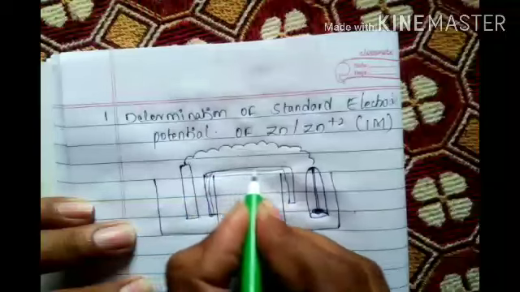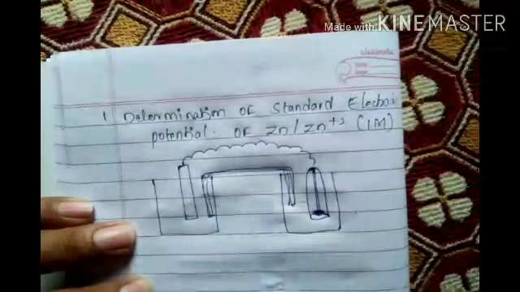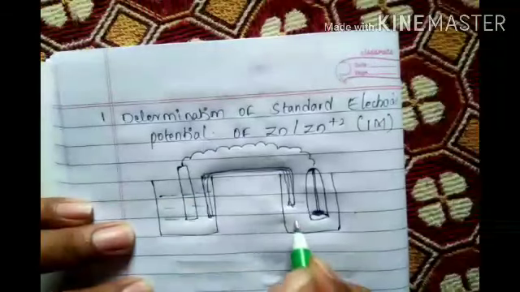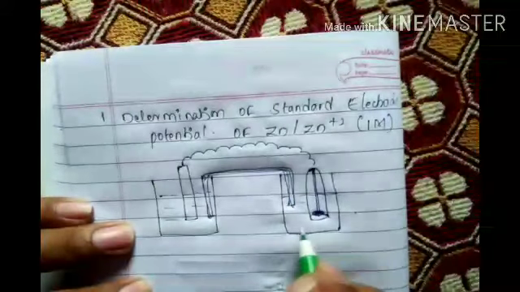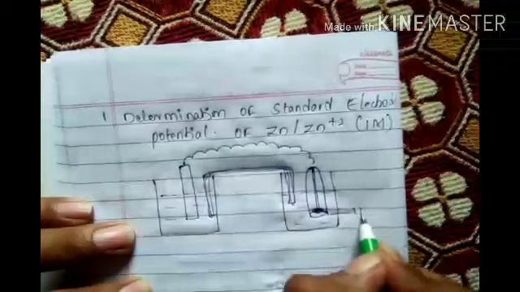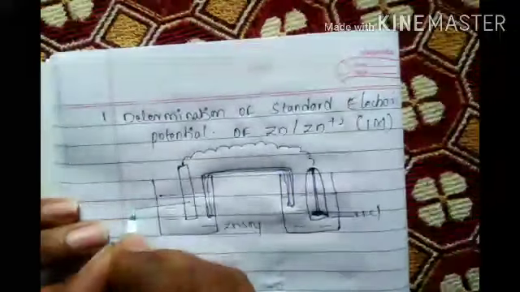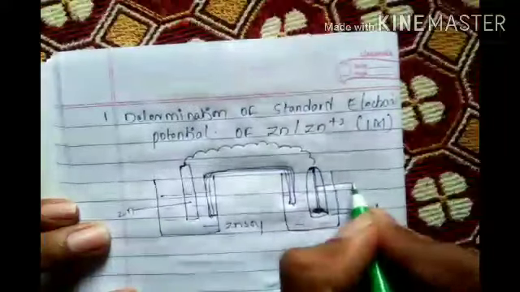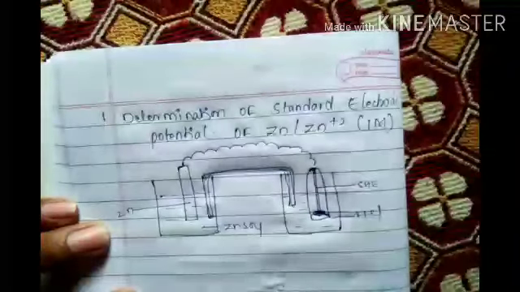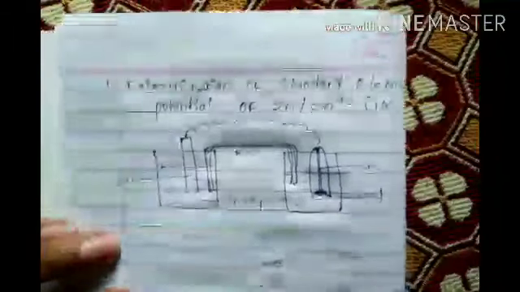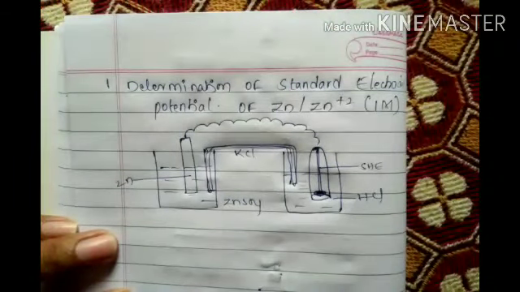Take this diagram, everybody. Here ZnSO4, here HCl. Now let's take HCl, ZnSO4, zinc, SHE, KCl salt bridge, everything as usual we are taking.